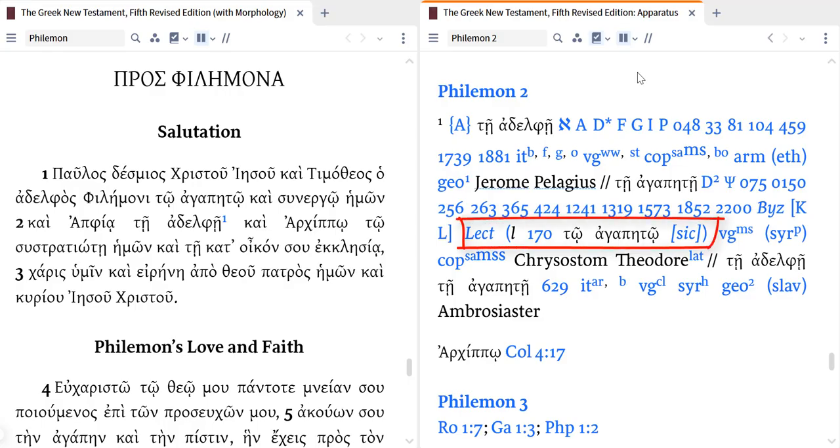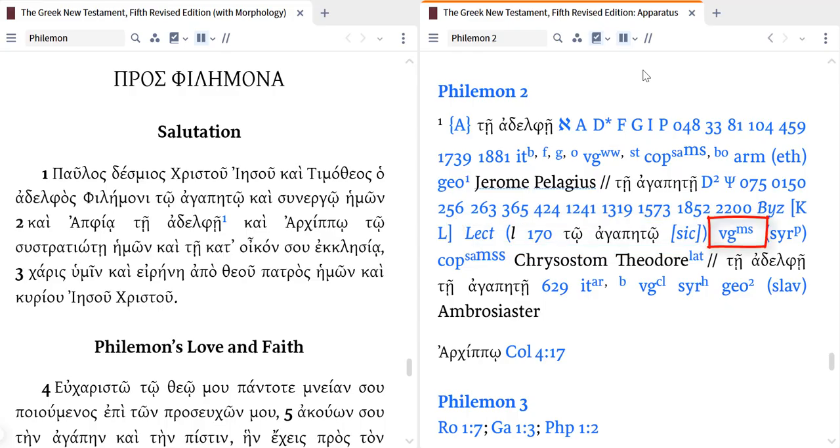LECT stands for the lectionary tradition. Lectionary 170 apparently has to agape to. That would be masculine rather than feminine, but still supporting the reading to some extent because it's "beloved" instead of "sister," even though the gender of that would be incorrect.